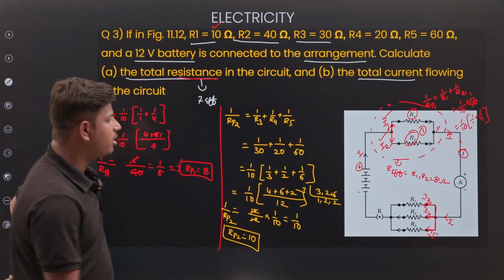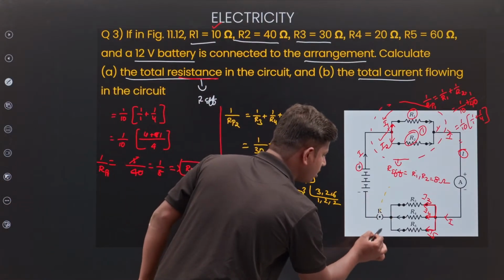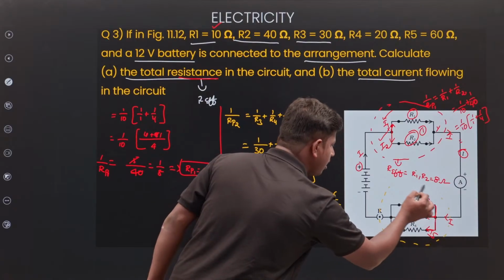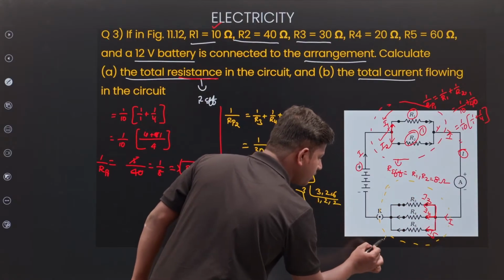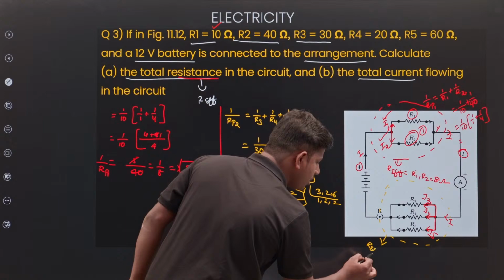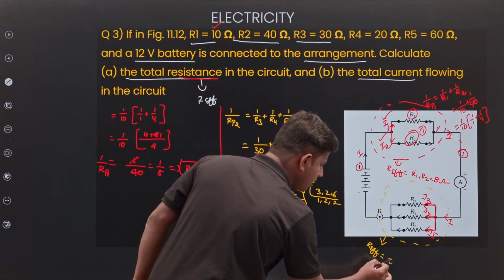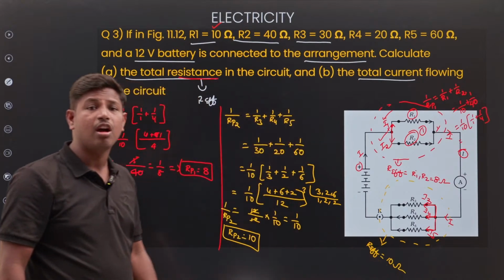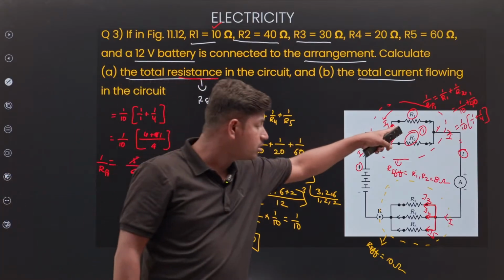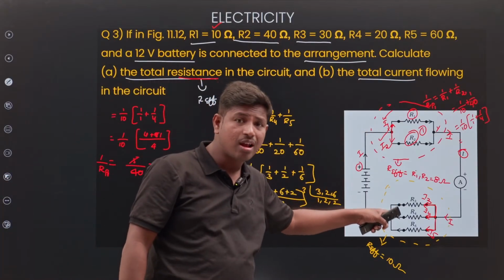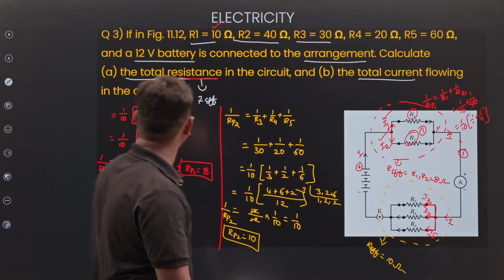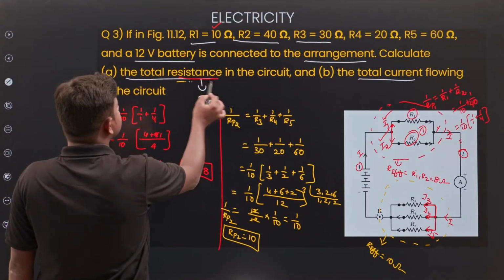The combination of these three, R3, R4, R5, R effective is equal to how much? R effective is 10 ohms. By R1, R2 we get 8 ohms. By R3, R4, R5 we get 10 ohms. So what is the total resistance?